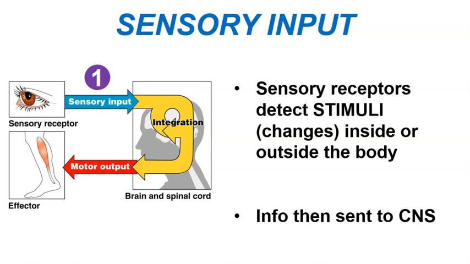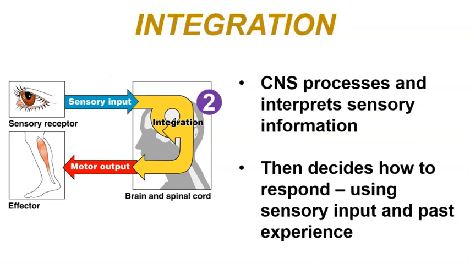Both of these example receptors, as well as any other receptors that are found in the body, are generally associated with sensory neurons, and those sensory neurons will transmit that information to the central nervous system. And that's where the central nervous system will perform its function of integration. Integration is the job of the central nervous system to process and interpret the sensory information that is coming to it.